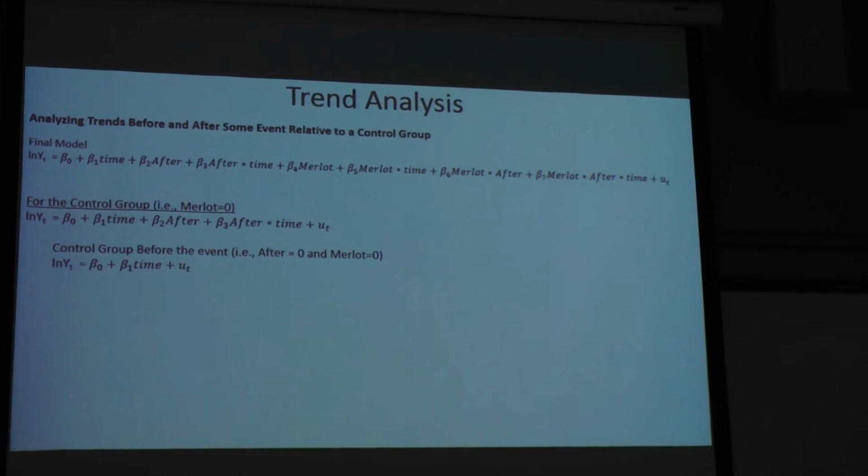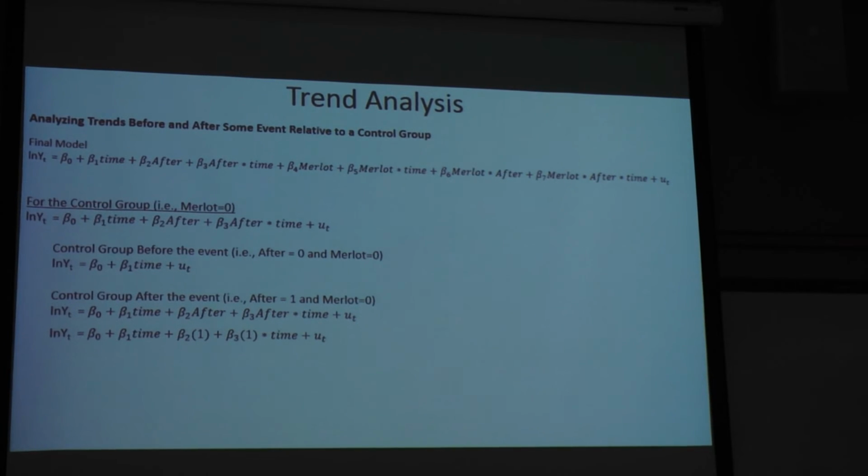Now, let's look at the control group after the event. This looks like what? It looks like the homework you're turning in today, right? In fact, it is the homework you're turning in. It's the same exact equation. We zero those things out. I'm sorry, we one those things out.